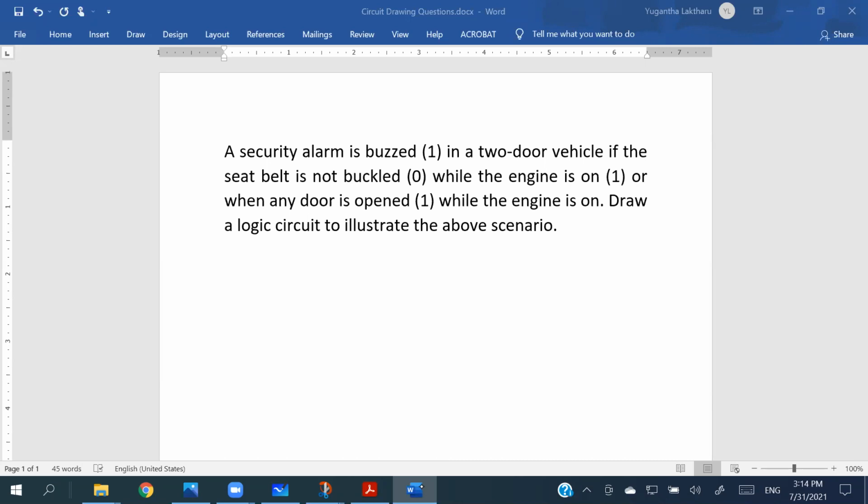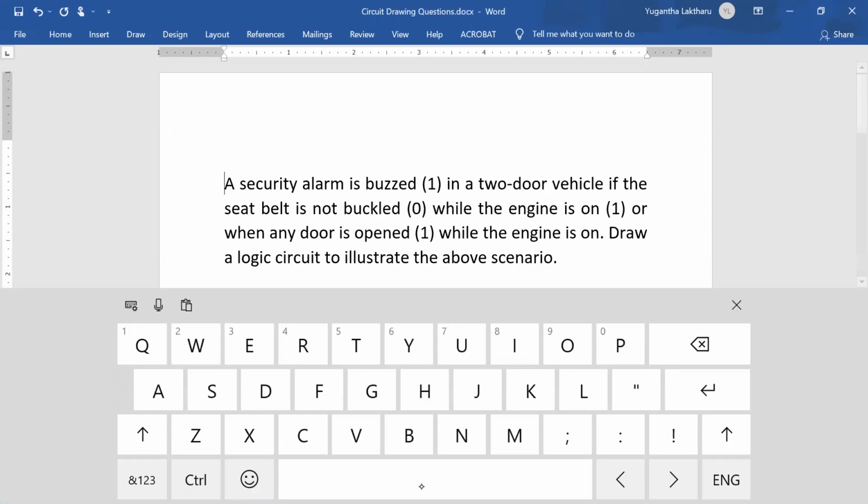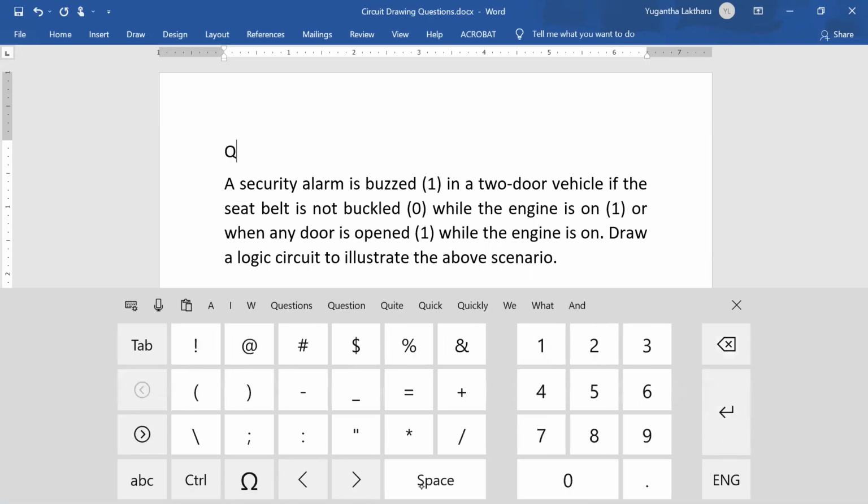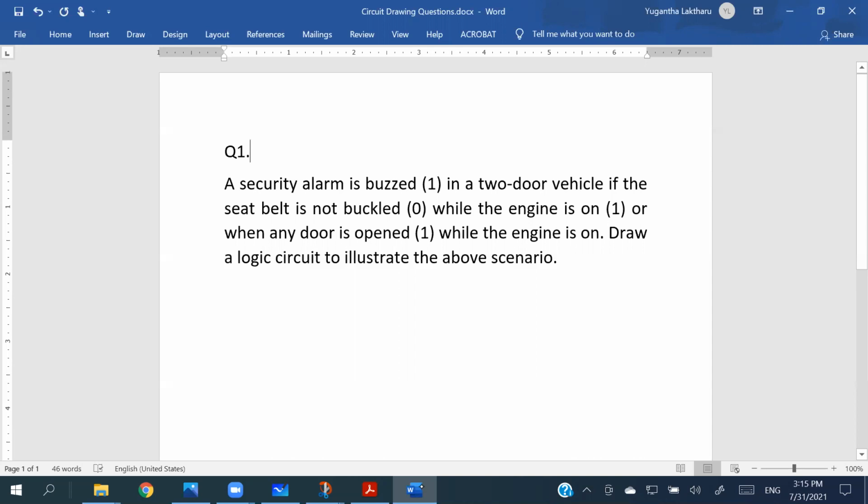Right? Yes, Ravidu. It's better you write the question, right? Same question 1. Let me type it. So this is question one, right? And write it and draw the circuit.